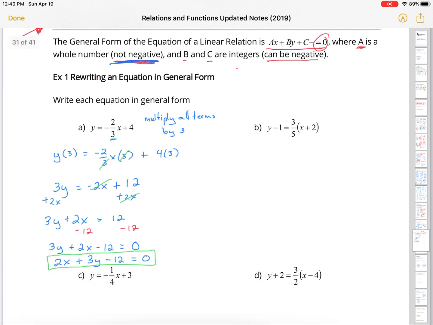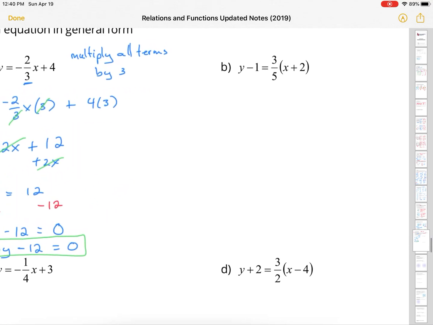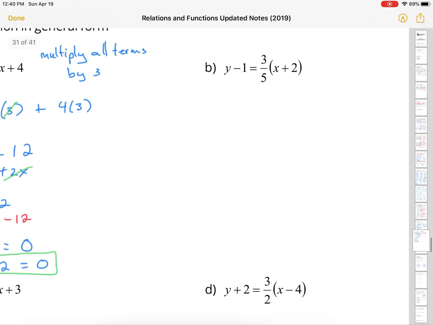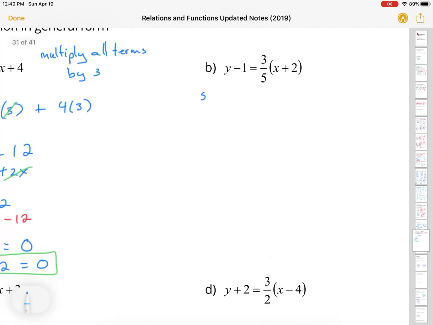Okay, so let's look at this next one. And I'm just going to make it bigger because it helps me when I do my work. So here we have a fraction. We've got 5, so we're going to multiply everything by 5 to get rid of that fraction. So here we'll have 5y minus 5. I've multiplied this and these two by 5.